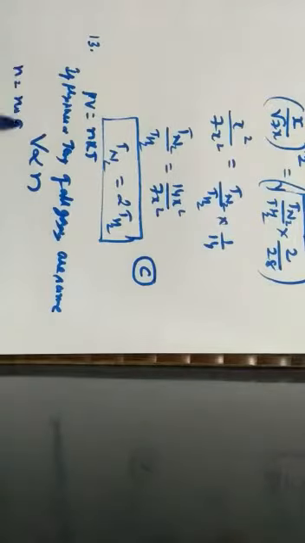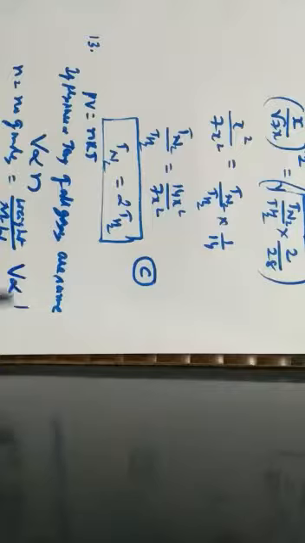We know that n, the number of moles, is nothing but weight by molecular weight, or you can also call it given mass by molecular mass. So here we can tell that volume is inversely proportional to molecular mass.